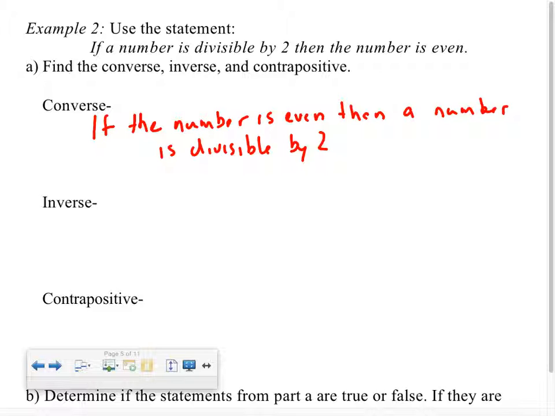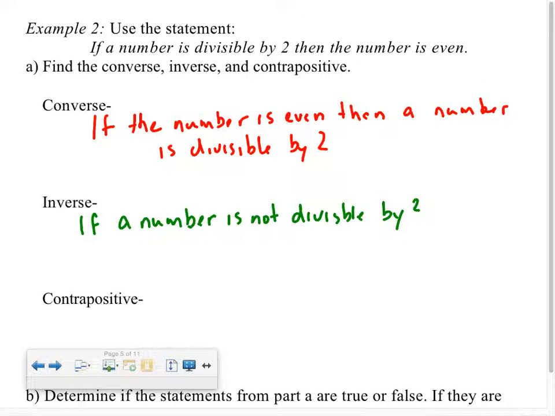Inverse, if a number is not divisible by 2, then the number is not even.